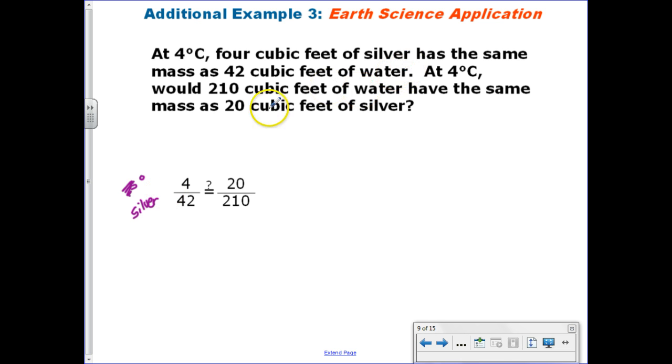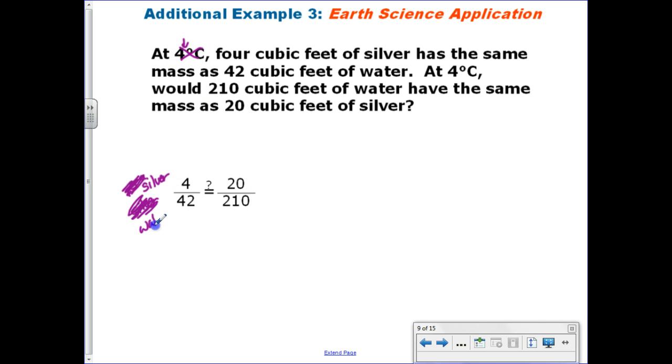Then they're saying at 4 degrees would 210 cubic feet of water, 4 cubic feet of silver. Sorry, I've got this messed up. Let me go back here a second. 4 cubic feet of silver. This is the silver. I was messed up because this temperature is also 4, but it turns out I'm not going to need that.